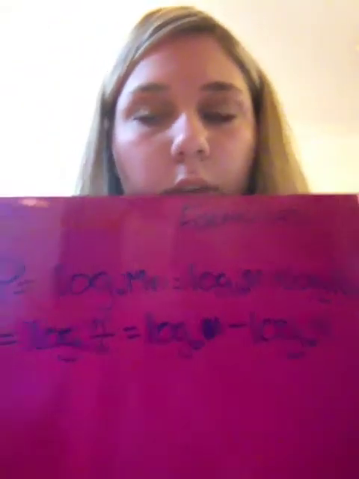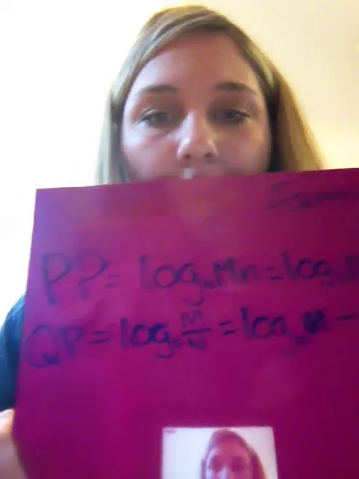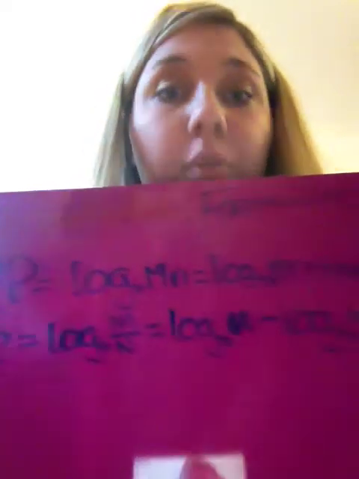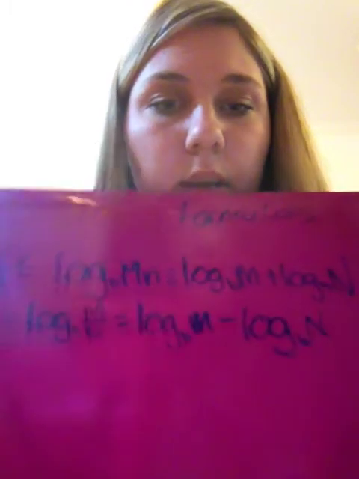So those are the formulas for product property and quotient property. Can you see that? Okay, good.